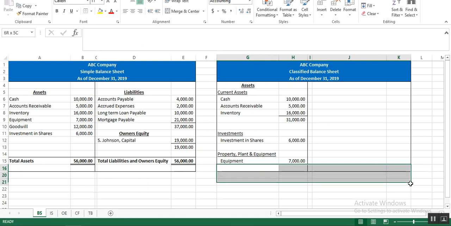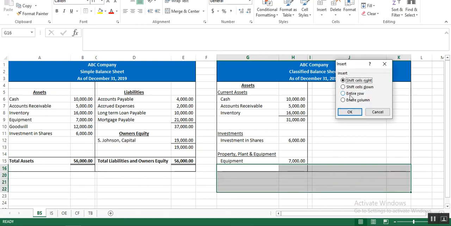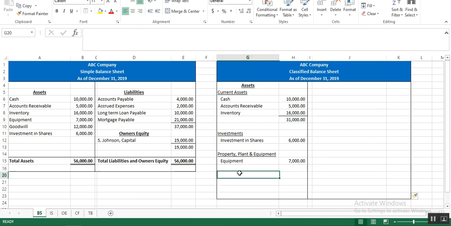I don't have enough space here, so let me just create some more space at the bottom here. And so I would put in my intangible assets heading, category head, that's what you want to call it.